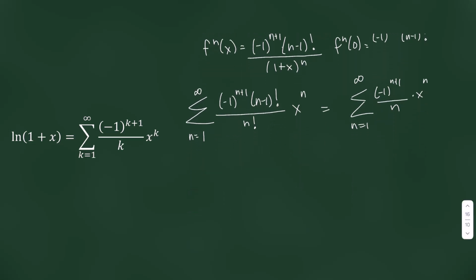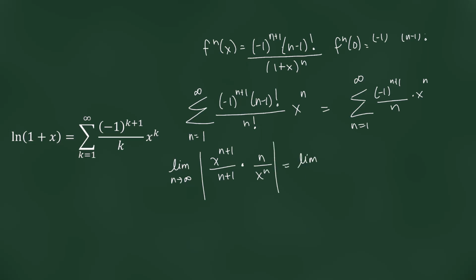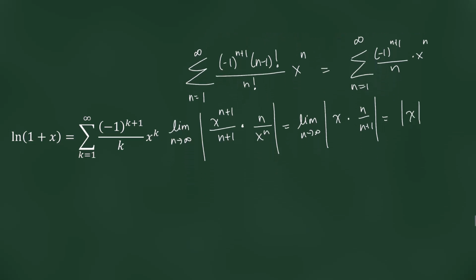Let's figure out where this thing converges. So we're going to look at the limit as n goes to infinity of the absolute value. We know we can leave the -1 term out because of the absolute value, so we're going to get x to the n plus 1 over n plus 1 times n over x to the n, which gives us the limit as n goes to infinity of the absolute value of x times n over n plus 1, which is equal to the absolute value of x, since n over n plus 1 goes to 1.